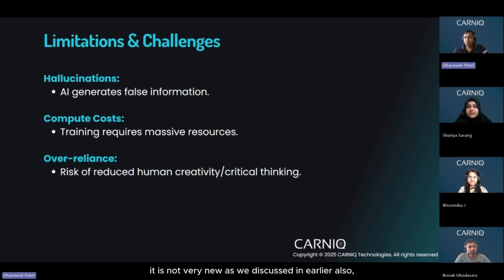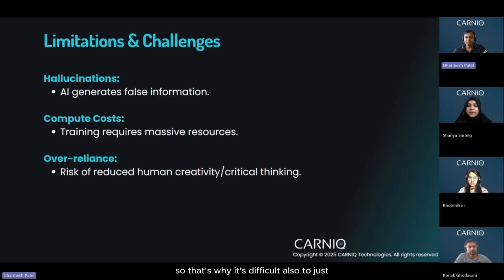The thing is, it is not very new, as we discussed earlier. It started back in the 1950s, but suddenly now the technology has emerged, after most of the things were gradually developed. At this point we suddenly see that it is replacing many things or doing automatic things very easily, and it came very fast.